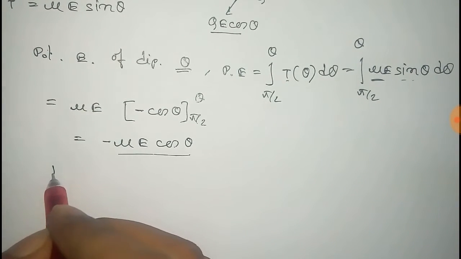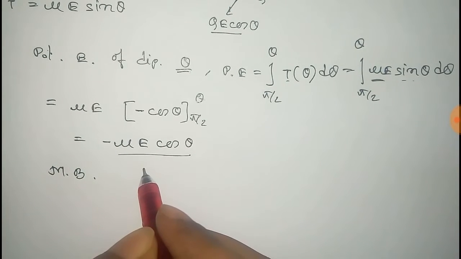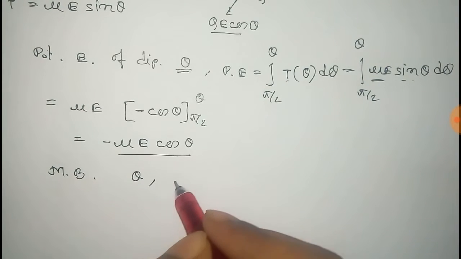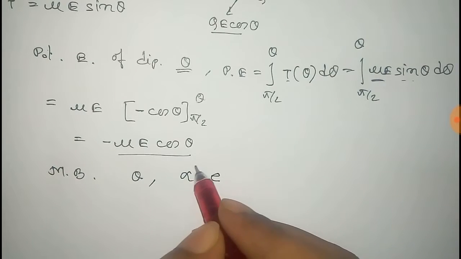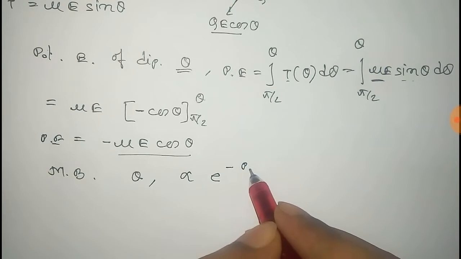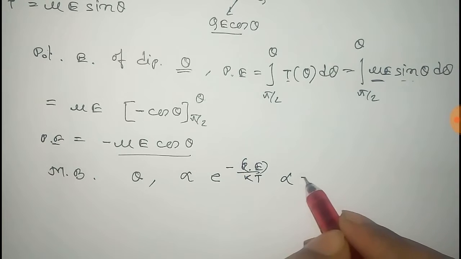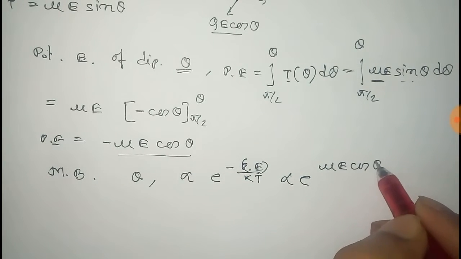Now according to Maxwell-Boltzmann statistics, the probability of finding the dipole at an angle theta is proportional to exponential to the power minus potential energy by kT. Now put the value of potential energy there, then it becomes e to the power mu E cos theta by kT.